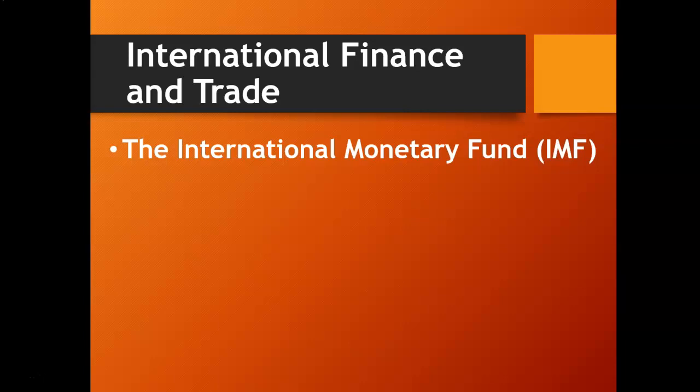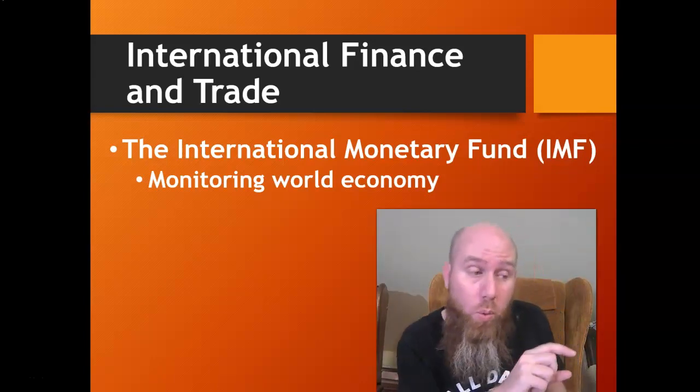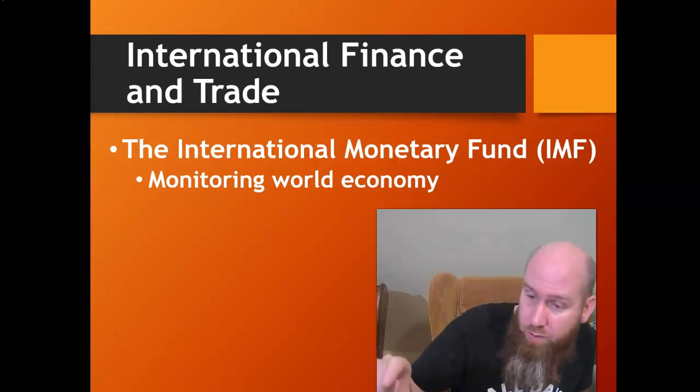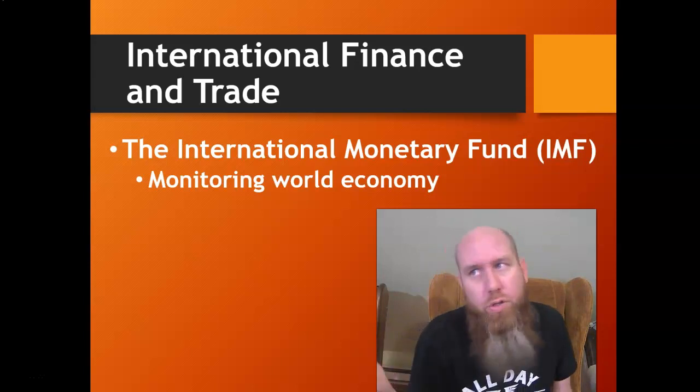One of the things that it does is that it actually monitors the world economy. It collects tons of economic data to help create a clear picture of the world economy for everybody, but also it helps out its individual members. It points out potential risks before they actually manifest. So before something can go wrong, the IMF can say, hey, we see this economic trend over here, and we think that that's going to hit you next. Be prepared for it, a good thing or a bad.